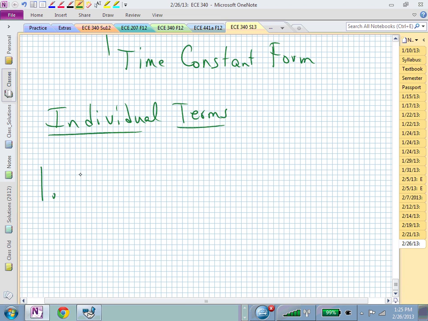We have 1, which was a constant, and maybe we just say we have some constant h sub 1 of s equal to some number k. And let's learn how to sketch that: magnitude versus frequency and angle versus frequency.